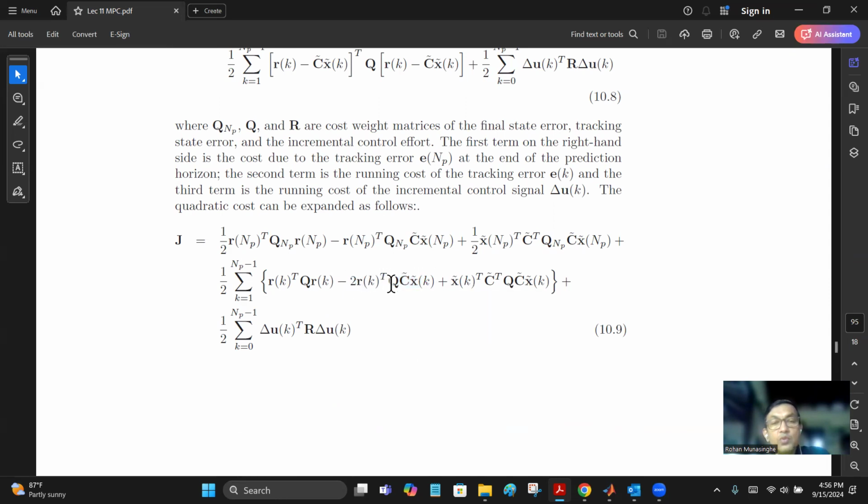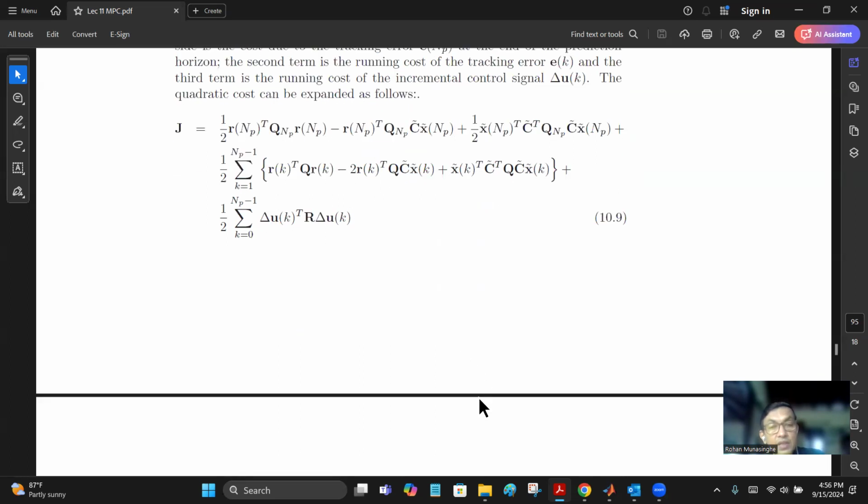This is r_k transpose Q C tilde x tilde_k, k goes from 1 to N_p minus 1, right? So it stops one step before the end point. And this one is the same term at the end point. So you can combine these two together and say the summation k from 1 to N_p. Got that point?